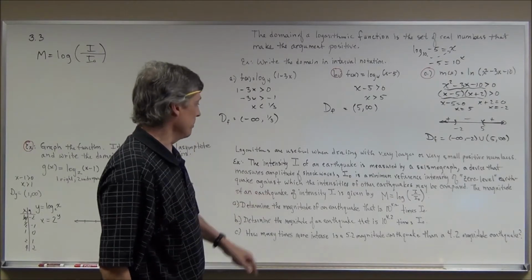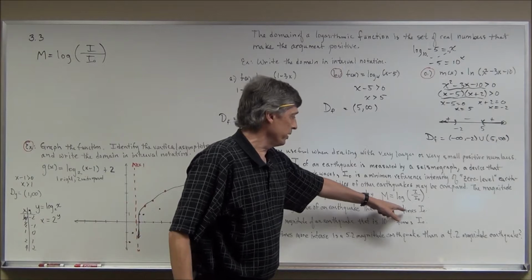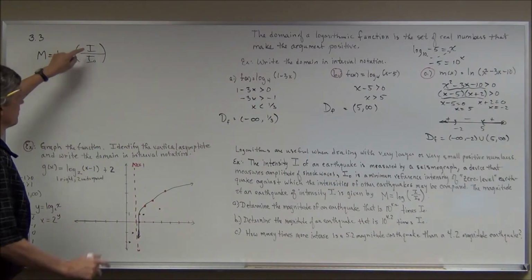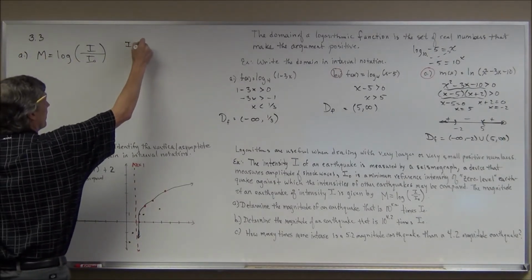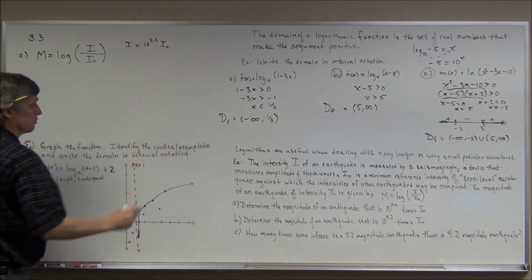Okay, A, determine the magnitude of an earthquake that is 10 to the 5.2 times I sub 0. Well, that means I, in part A here, I is equal to 10 to the 5.2 times I sub 0, times its reference.